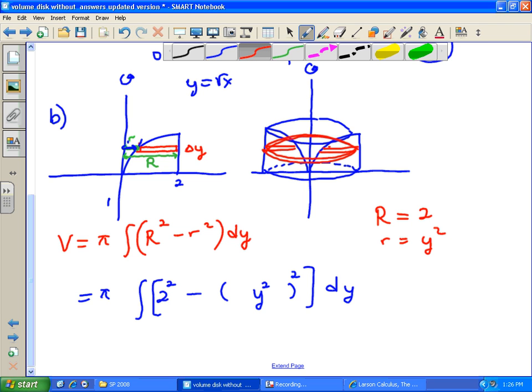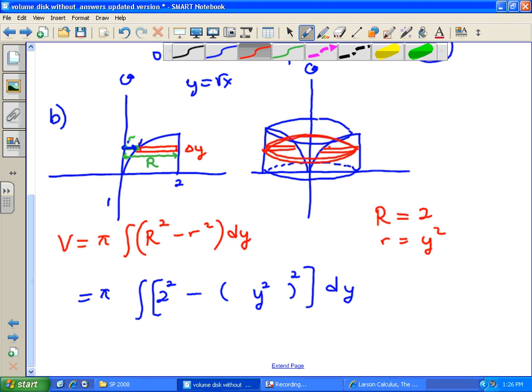How about the limits of integration? Where should they come from? From the x-axis or the y-axis? How do I know which axis it should come from? Did you use delta x or did you use delta y? Delta y. That means your variables must be in terms of y, and your limits of integration must come from the y-axis.